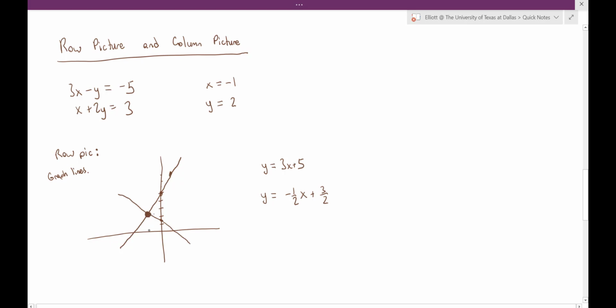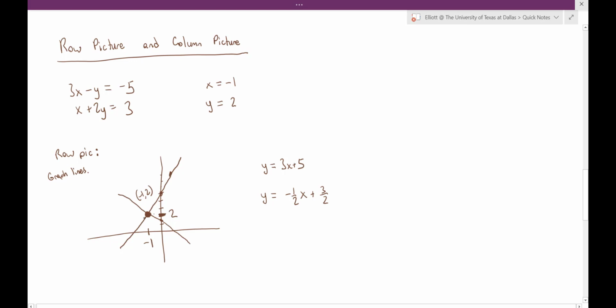And where the two lines intersect each other, that should be where the solution lies. So where x is -1 and y is equal to 2. And so the idea is for a point to satisfy both equations, it would have to lie on both lines.